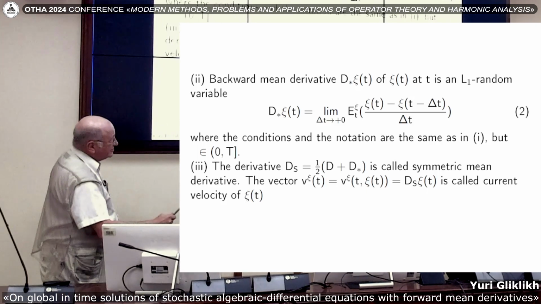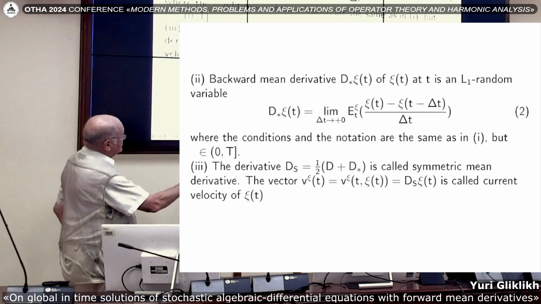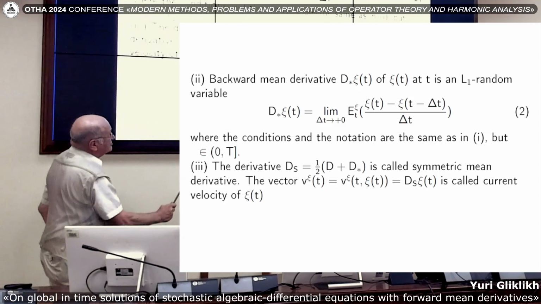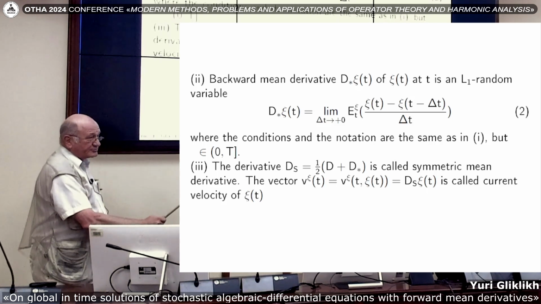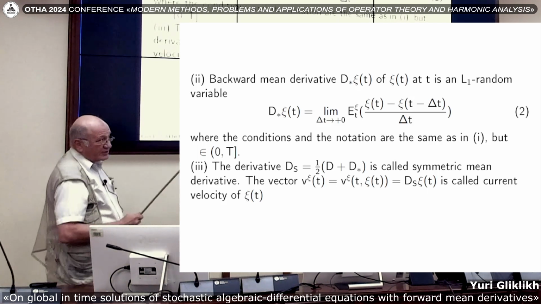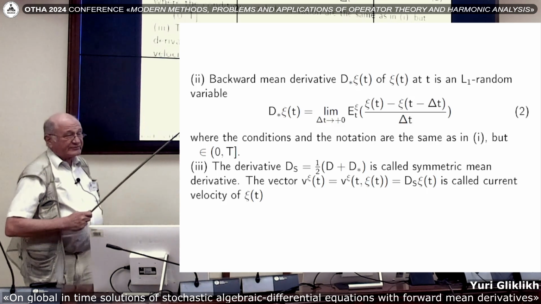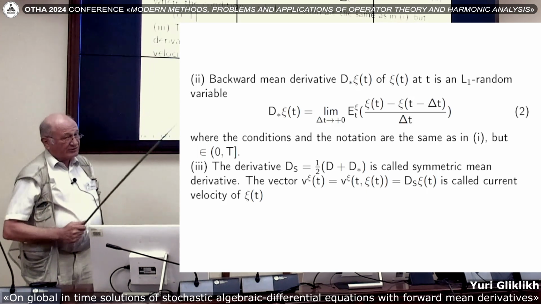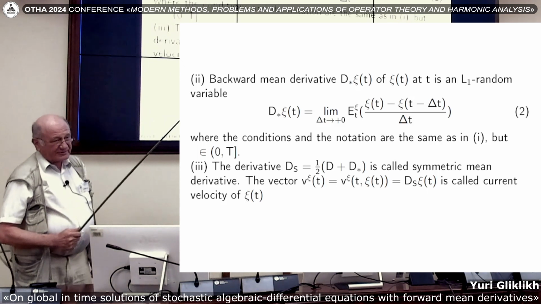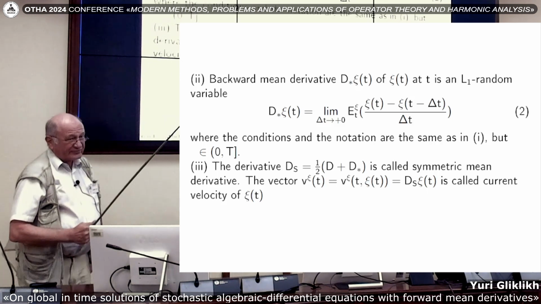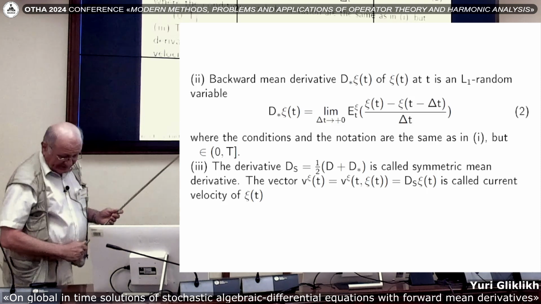It's called the symmetric mean derivative, and the vector is called the current velocity. It should be mentioned that the current velocity is a natural analog of the ordinary physical velocity of deterministic processes.